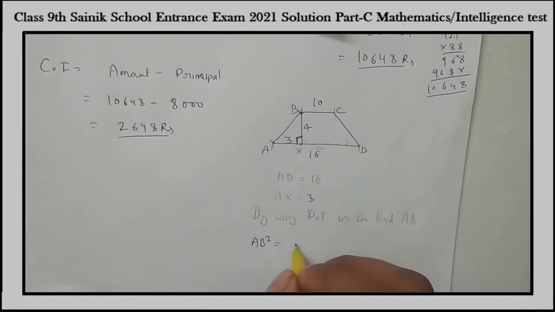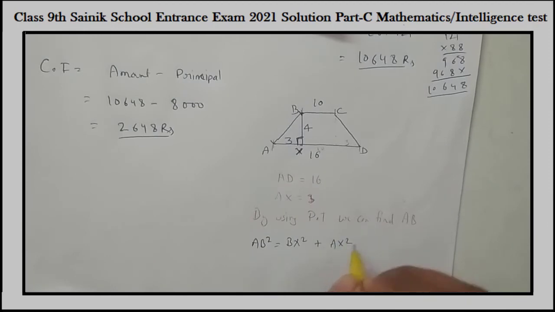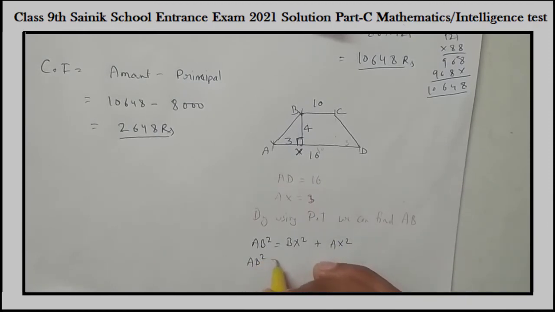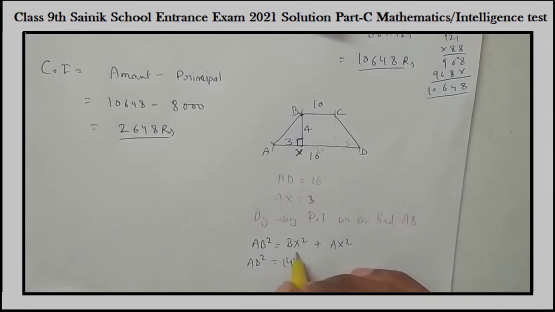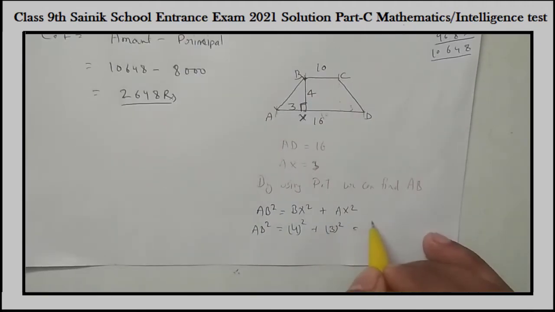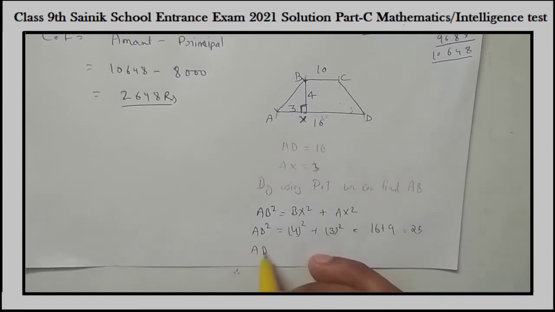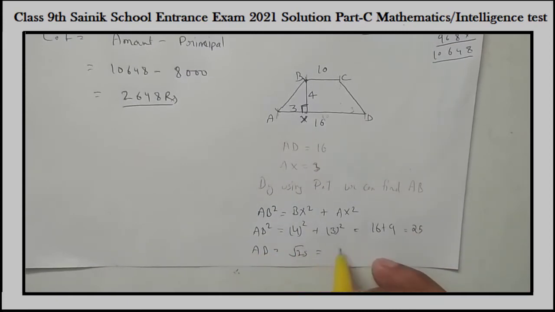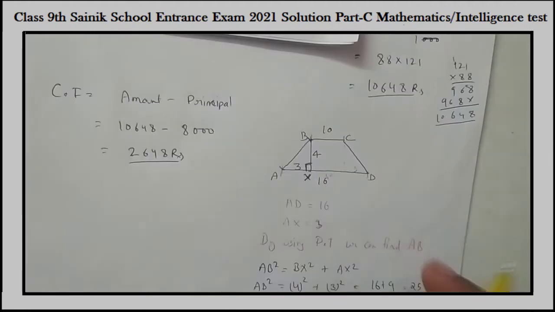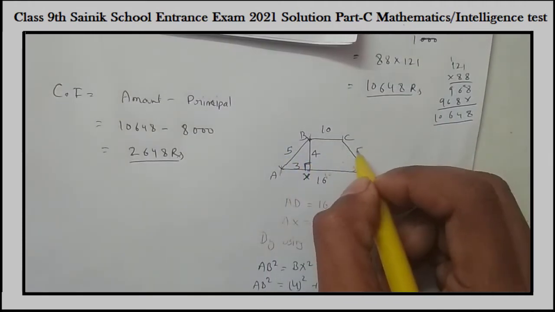Okay. AB square is equal to BX square plus AX square. So AB square is equal to 4 squared plus 3 squared. This will become 16 plus 9 is equal to 25, and hence AB is equal to under root 25 is equal to 5. Okay, so we have already found out this is 5, this is 5, this is 10 and this is 16.